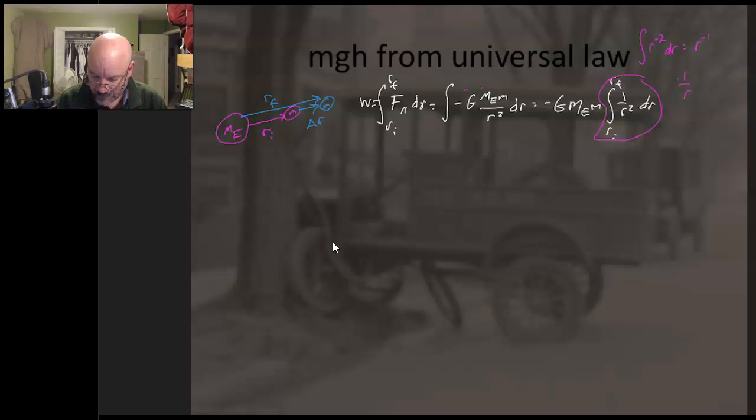That negative sign cancels the sign out front. What I'm going to get looks like this: G, mass of the Earth, M, times 1 over R final minus 1 over R initial.